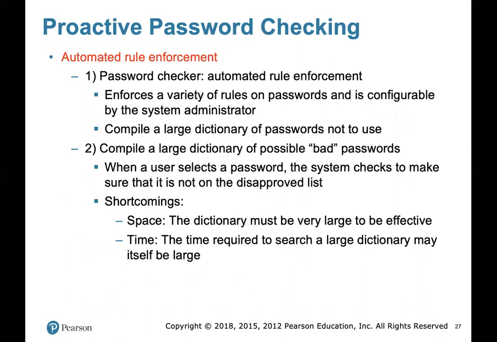Another automated rule enforcement is, like I said, compiling a large dictionary of bad passwords. When you are going to register to the system, the password is going to be checked against that dictionary of bad passwords, and if your password is one of them, your password will be rejected.